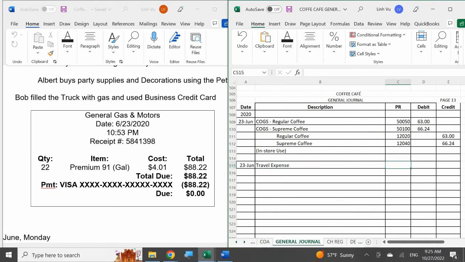And we're gonna have Visa payable. For how much? 8822.